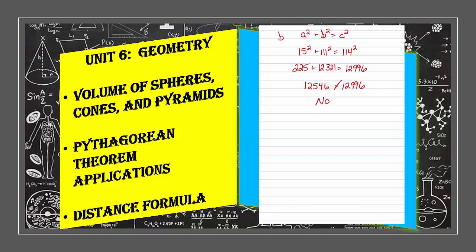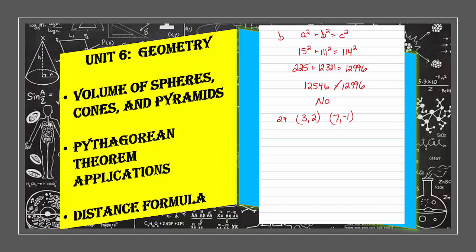(24) What is the distance between the points (3, 2) and (7, -1)? So we are going to be using the distance formula because we have two ordered pairs.